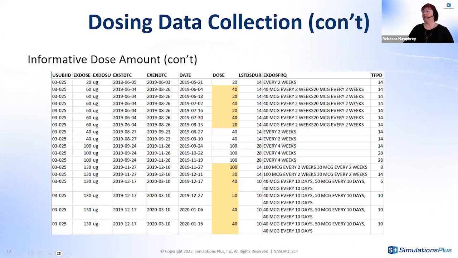And by calculating the time from previous dose, it's an easy indicator to identify where there might have been an extra dose created that was too close to another dose. Again, you would discuss your plan for creating accurate dosing with the analyst or the client and agree on the solution to use.